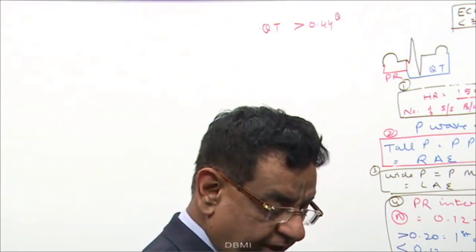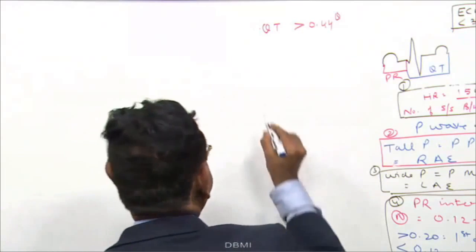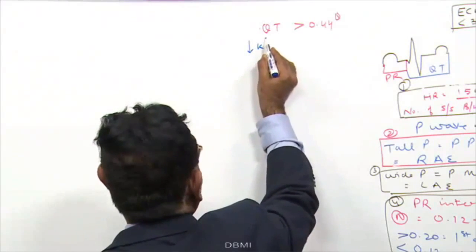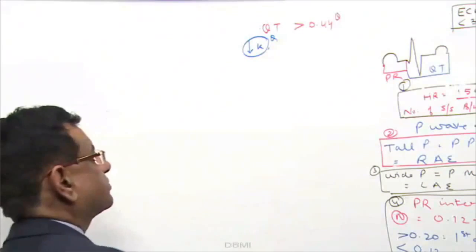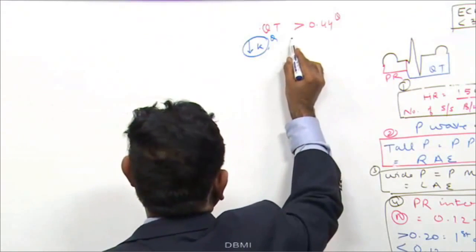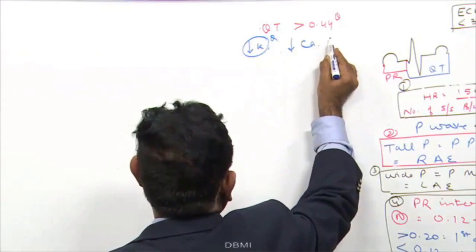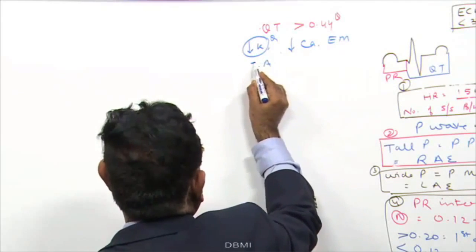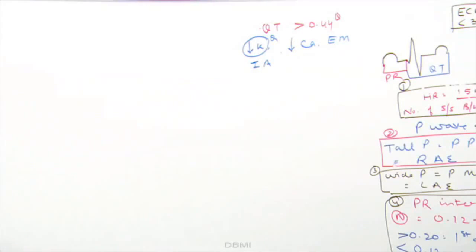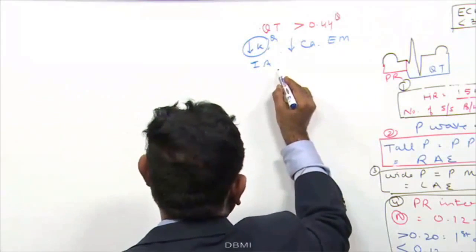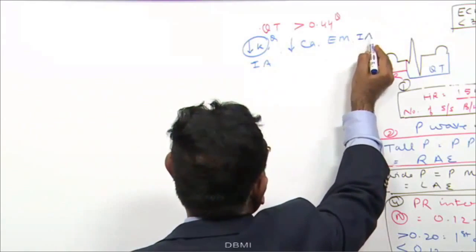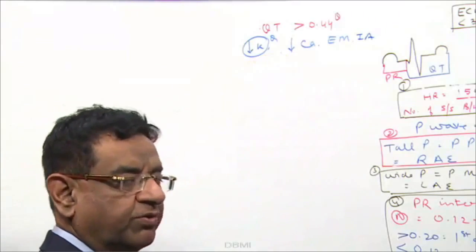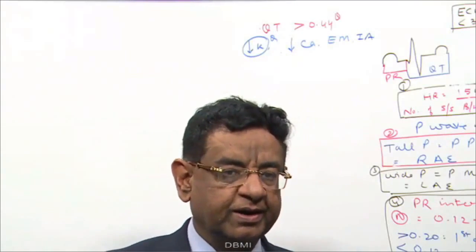Prolonged QT interval is seen in hypokalemia, which is the most important cause, hypocalcemia, erythromycin, and class 1A antiarrhythmic drugs. These are a few of the important causes of prolonged QT interval.